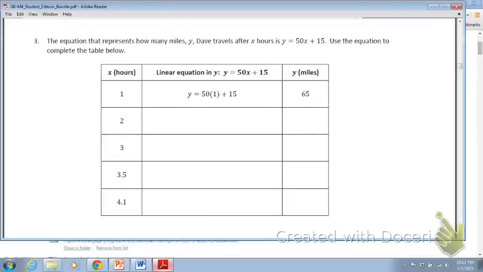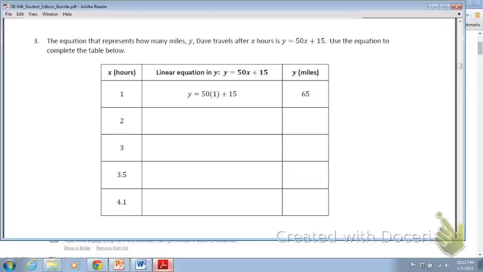All right, so here's exercise 3. There's that equation that we just gave some background on, that Dave lives 15 miles from town, so that leads to this equation looking a little differently. We're going to correct one thing on here though, because y is not the distance that Dave travels.